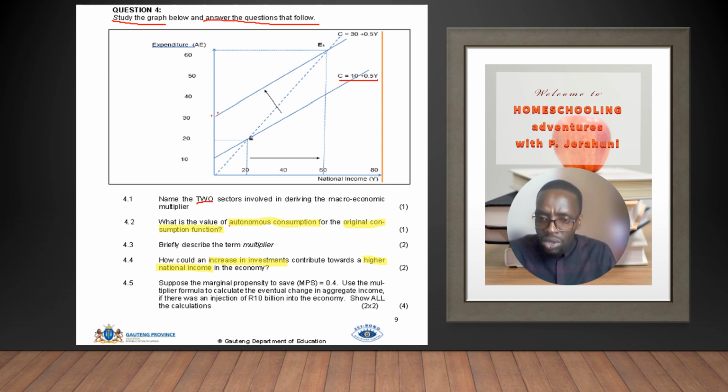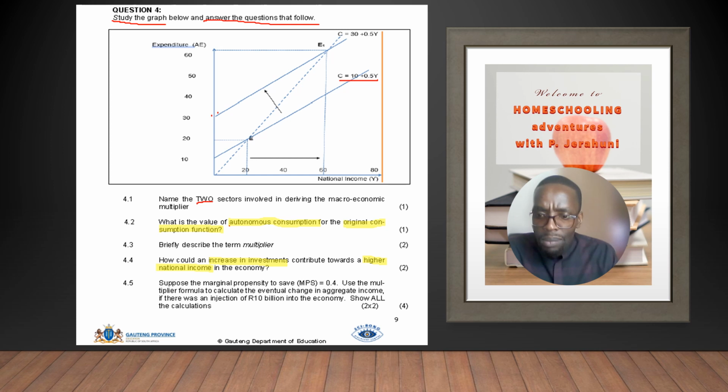In other words, when there is an increase in investment, it increases our capital base in the country, and that is what results in an increase in the production capacity. In other words, our ability to produce more goods and services will then increase as well. So you could have given me any one of those, and I was still going to accept that for the 2 marks as correct.